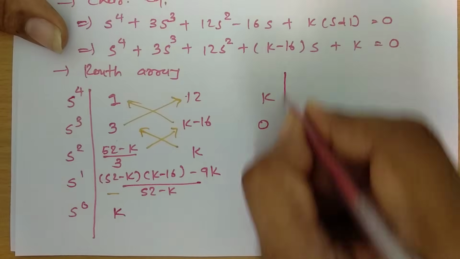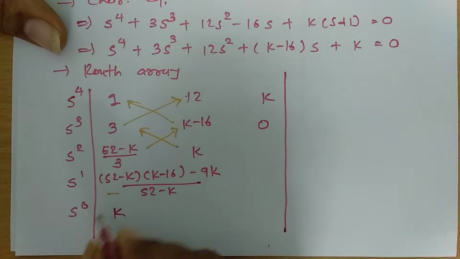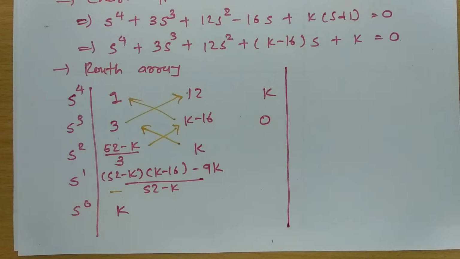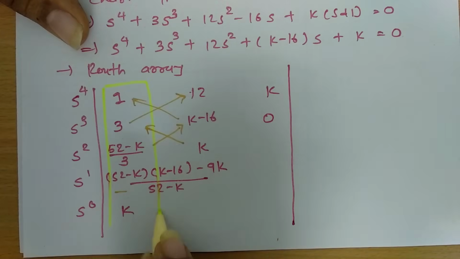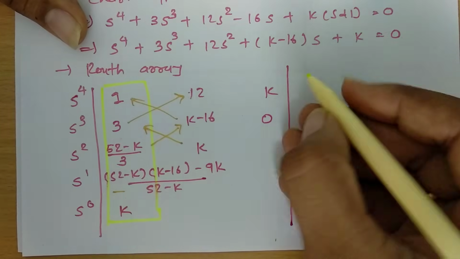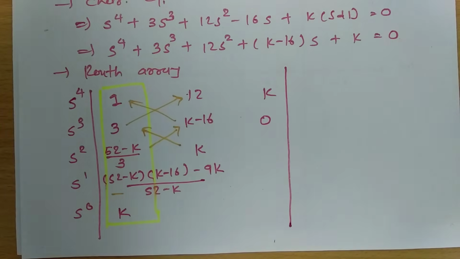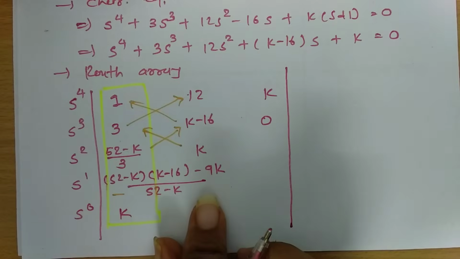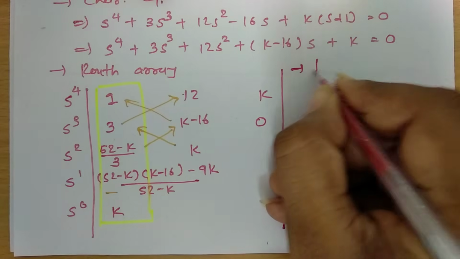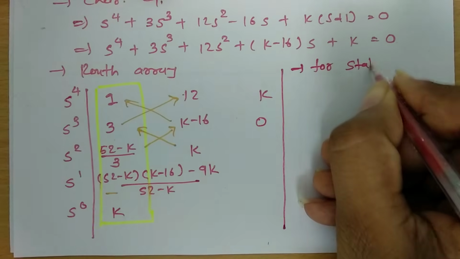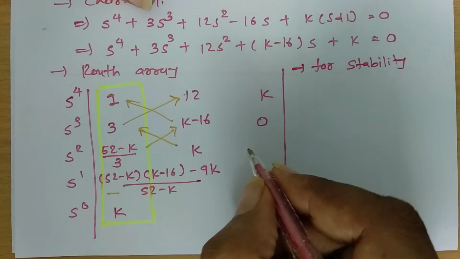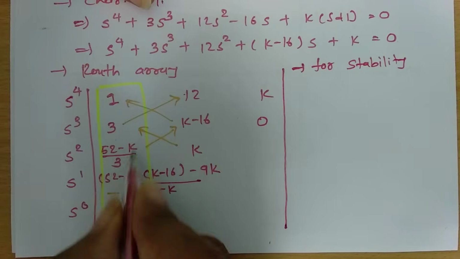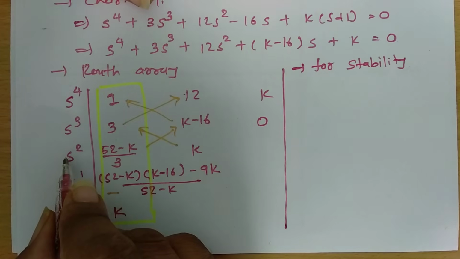Now in this, for stability, the first column has to be greater than 0. So that explains marginal stability. Here the coefficient with s square, we don't need to consider.